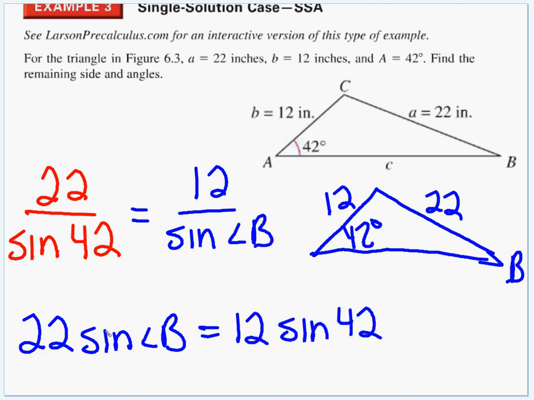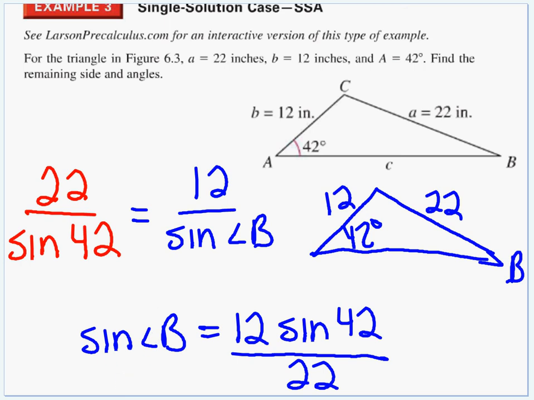And we're going to divide both sides by 22. So now over here we've got 12 sine 42 over 22, and that's equal to the sine of B. Now if we're looking for an angle, remember this is where we use the inverse functions. In this case we're going to use sine inverse.